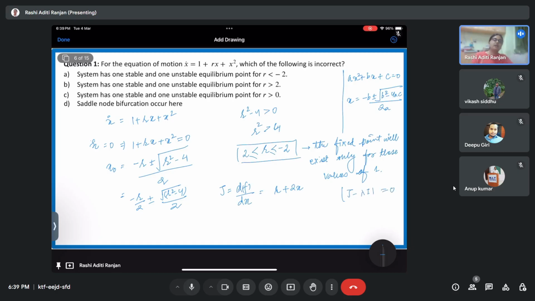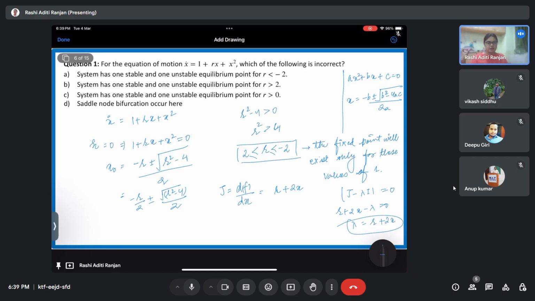Here, my Jacobian matrix is nothing but r plus 2x, it's a 1 cross 1 matrix. So I have r plus 2x minus lambda equals 0. So lambda is going to be nothing but r plus 2x. Whatever my Jacobian is, if I put the value of x in it, that is going to give me directly the eigenvalue.